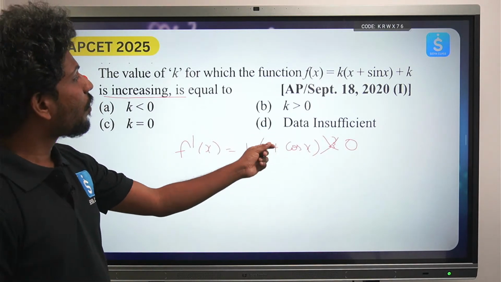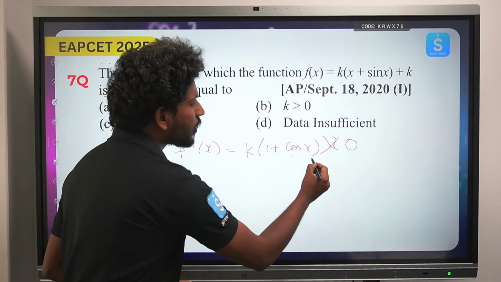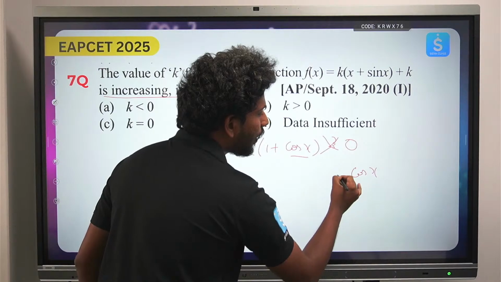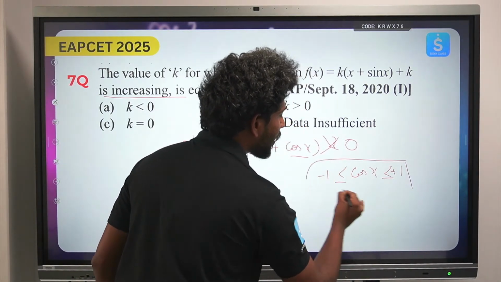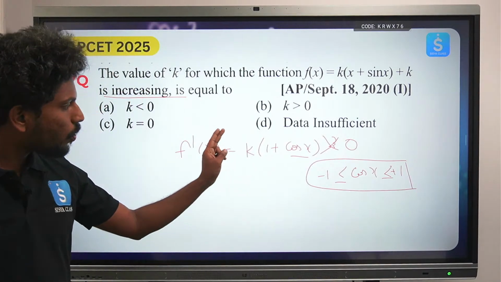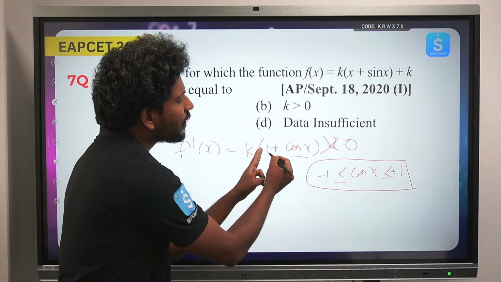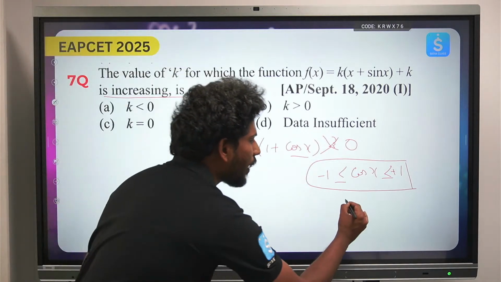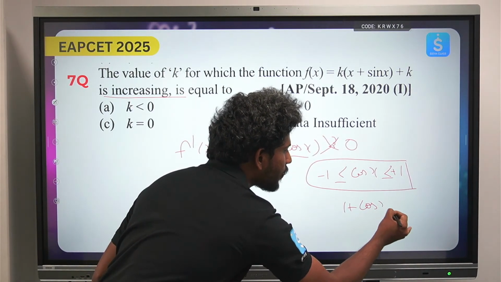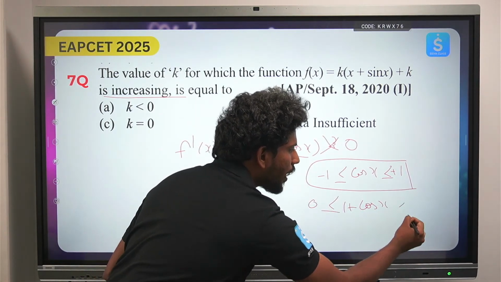So for what values of k? If you see, the cos x values are always lying between -1 and +1, right? So 1 plus cos x values always lie between which two values? It lies between 0 and 1, right?